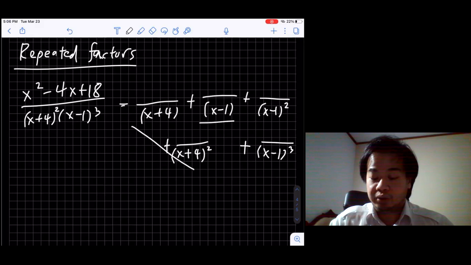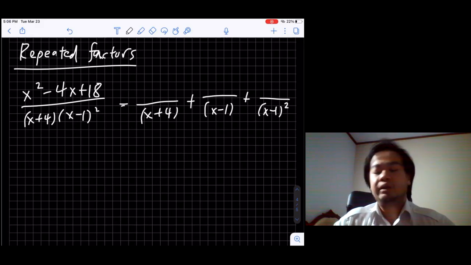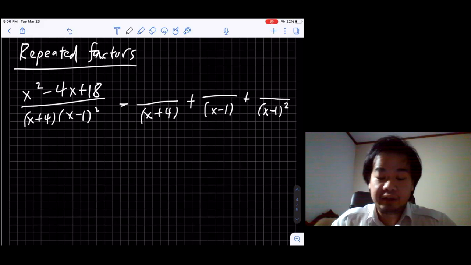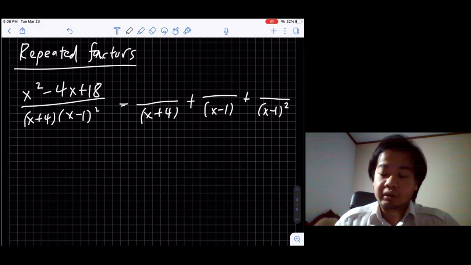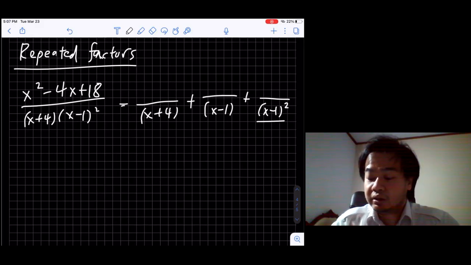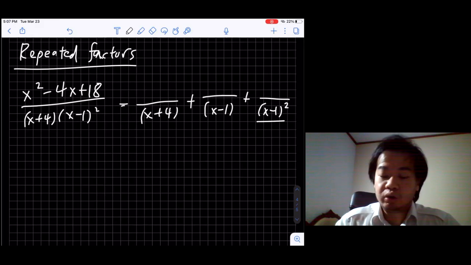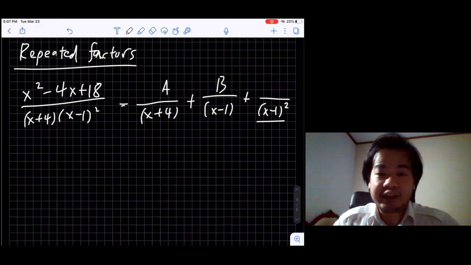So let's undo this and get back to the original problem. In this case it's okay because it is not unfactorable. Even though the denominator is a quadratic, a second degree, you don't need to put cx plus d, one degree lower than that, because it's a repeated factor, a special condition.